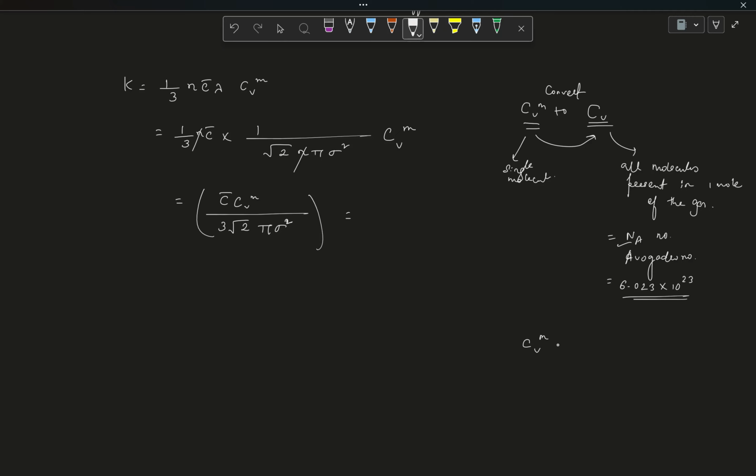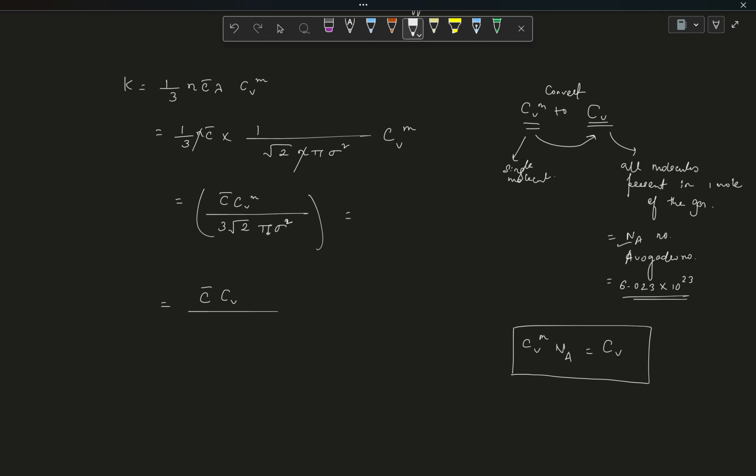So CVM times Na is equal to your CV. If you convert into CV, you multiply by Na and then compensate by dividing by another Na.